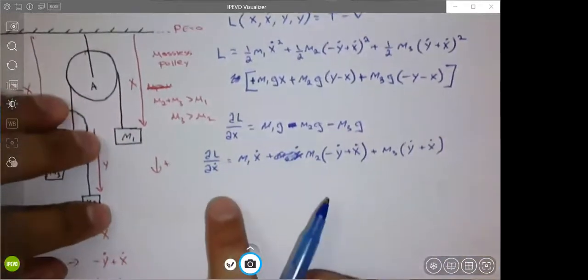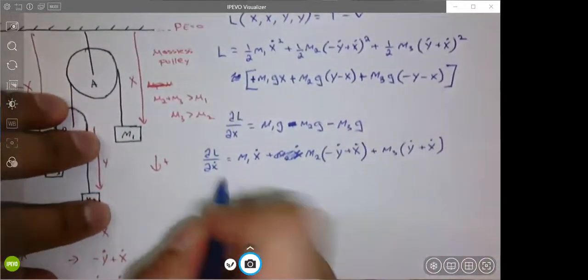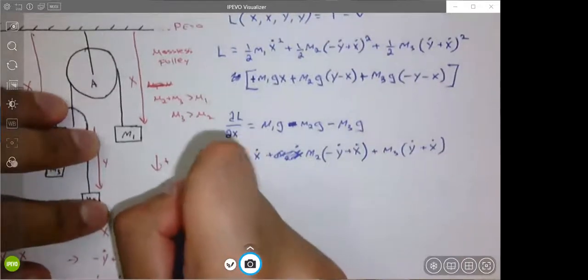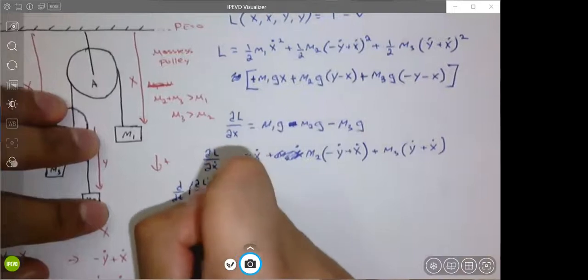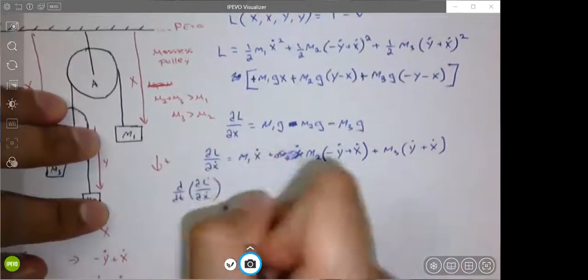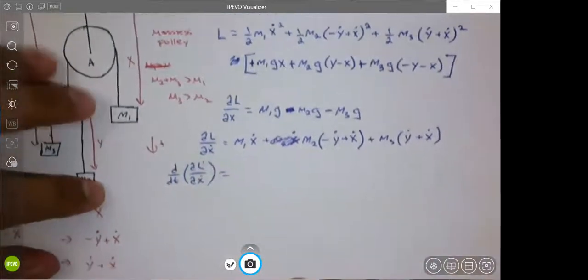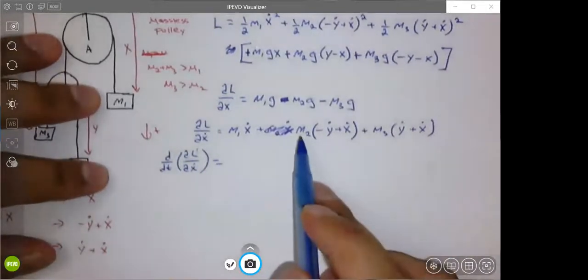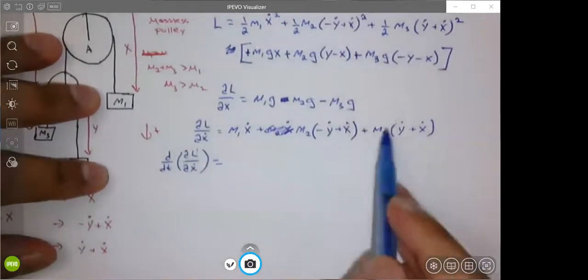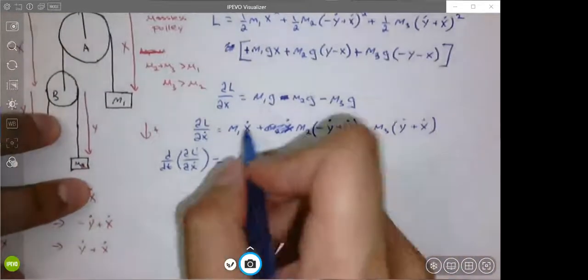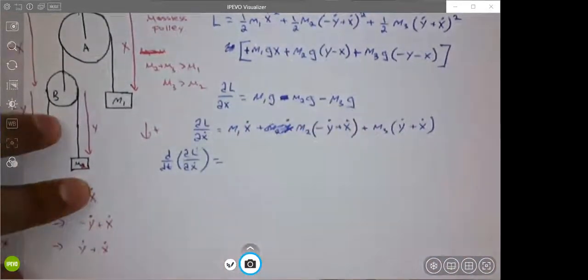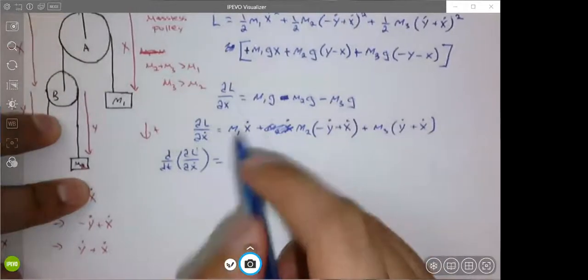Good. Once we have this, we can take the time derivative of this. And so that's going to be d/dt of the partial Lagrangian with respect to x dot. And that's going to equal, so this is actually not so bad. You just have to distribute here, here, this one into here and here, and then just take the derivative with respect to time. The first one, the derivative of velocity is acceleration.